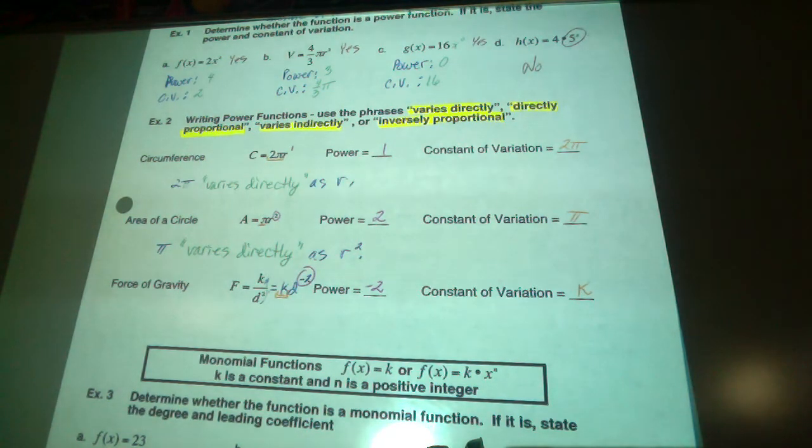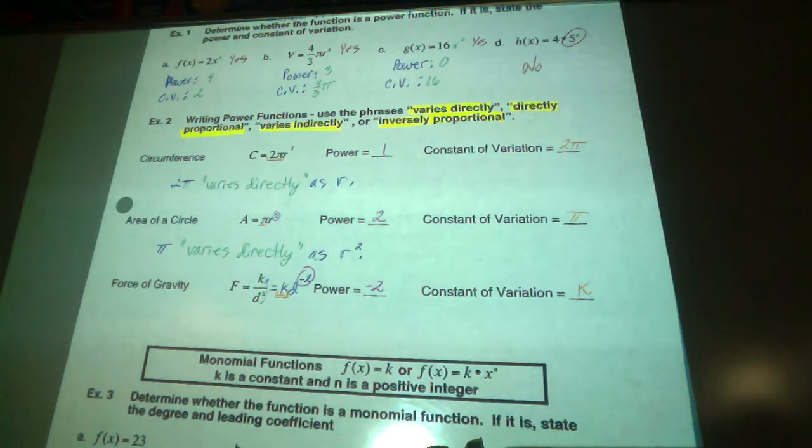If we were using this force of gravity formula in a particular situation, that k is going to be a number associated with that particular situation, where due to distance changes, that number k stays the same. Then if the situation changes, they'll change the k, but it'll stay the same for that particular situation. It'll keep changing the d. So my point is that sometimes the constant variation might actually end up being a variable if it's a formula.